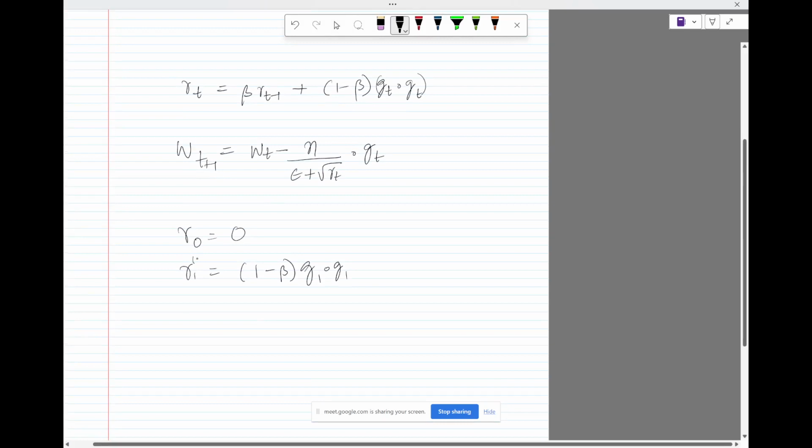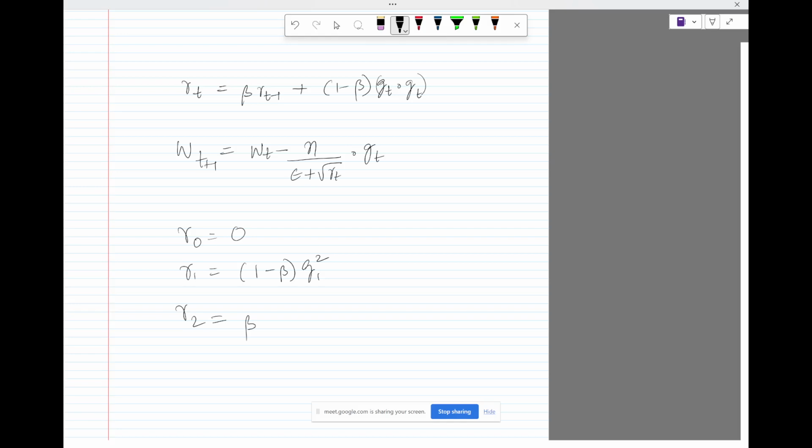Let me just assume it is for one parameter. R2 is beta into (1 minus beta) G1 square plus (1 minus beta) G2 square.